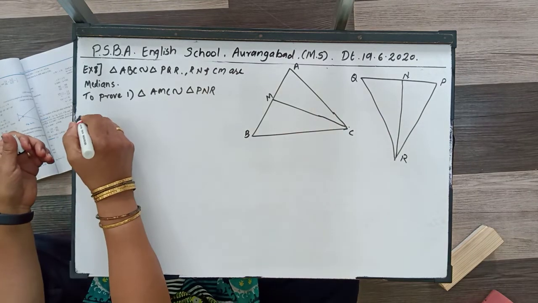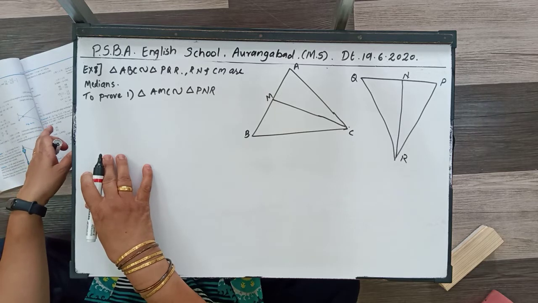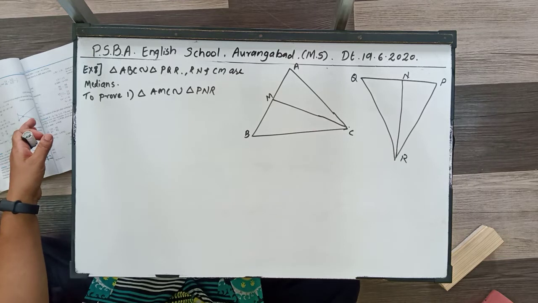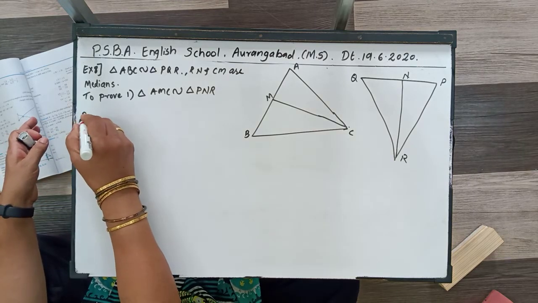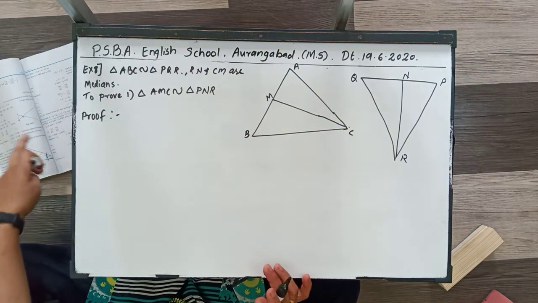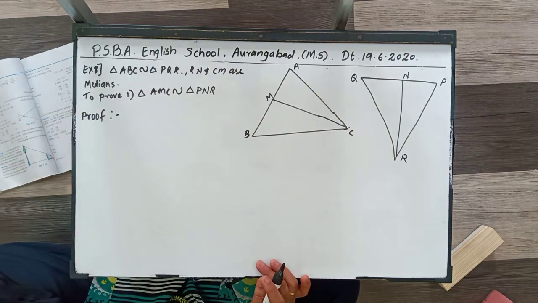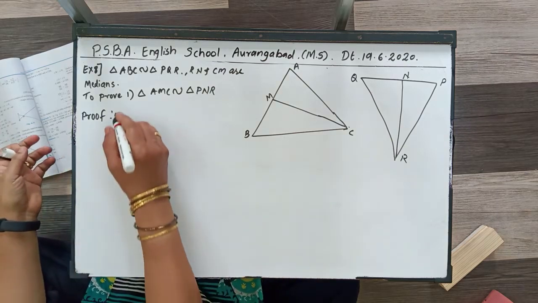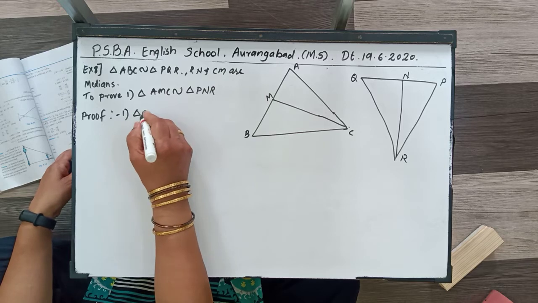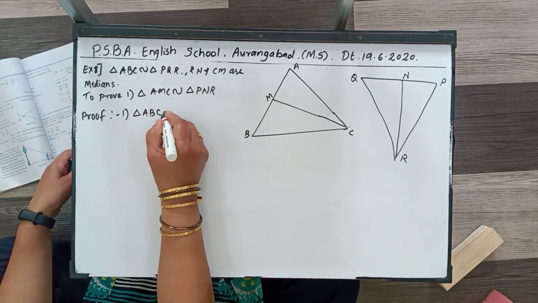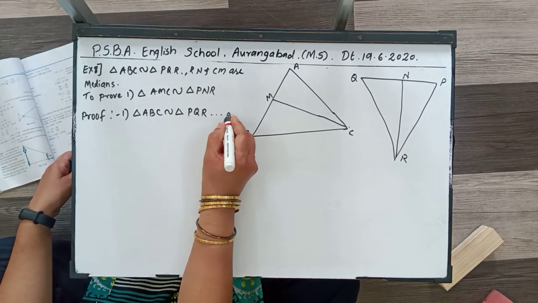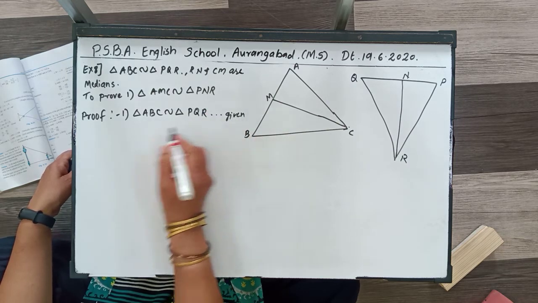Now the proof I will be writing. Now there are 3 parts to be proved. As the board is small, I am writing only one part. The second part I will write afterwards. Correct? So the proof for this I am writing. In your classwork you may write 3 of them continuously, but I will be taking one by one. So first part I am taking. Here triangle ABC is similar with triangle PQR. This is given to us. Correct?